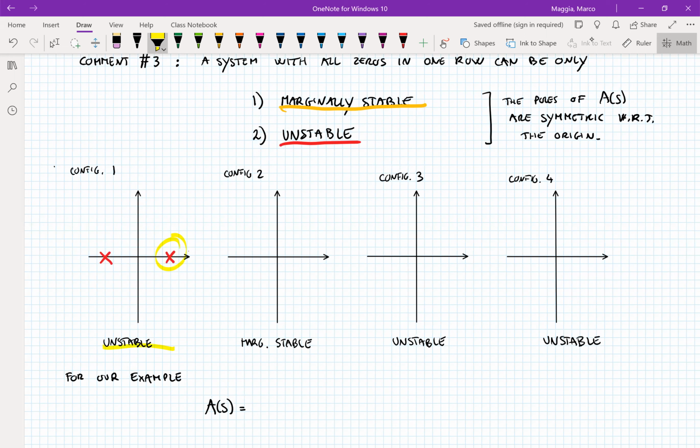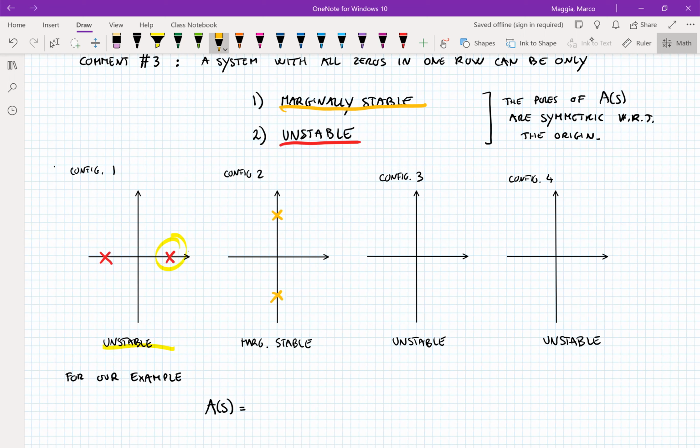And so in this configuration, you see that this pole has a positive real part, so the system is unstable. Another configuration that we might have is having two poles on the imaginary axis. This configuration is symmetric with respect to both axes.